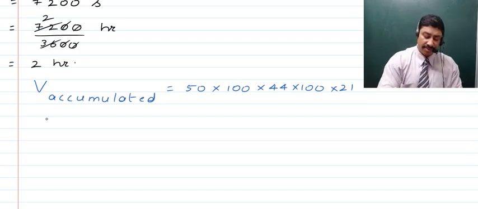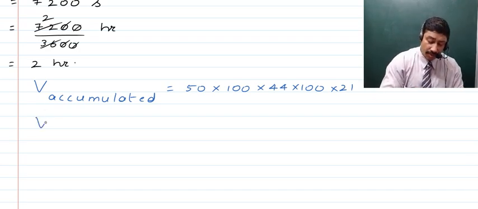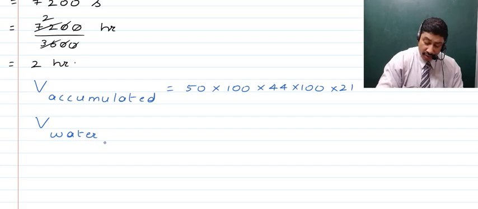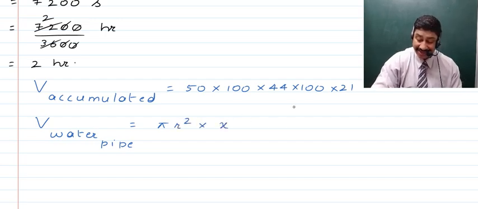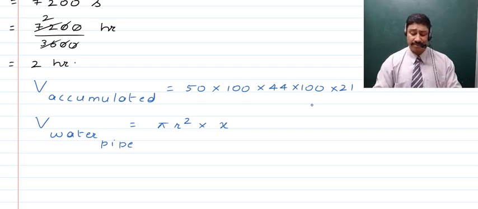As such, here we will say that the volume of water eliminated from the pipe will be given by the area of cross section, which is pi r square, multiplied with the length which has fallen in a single second, and we will assume it to be some x.